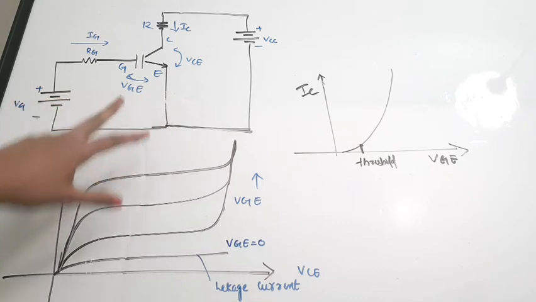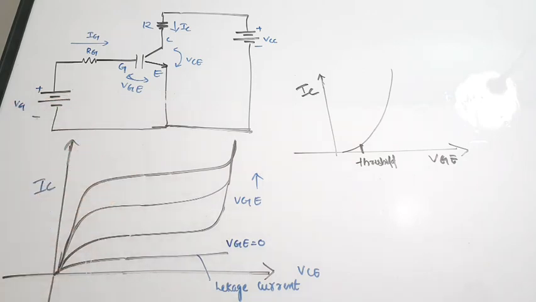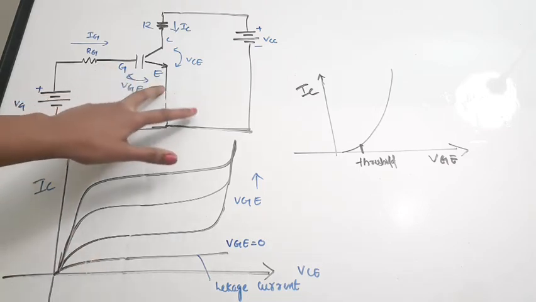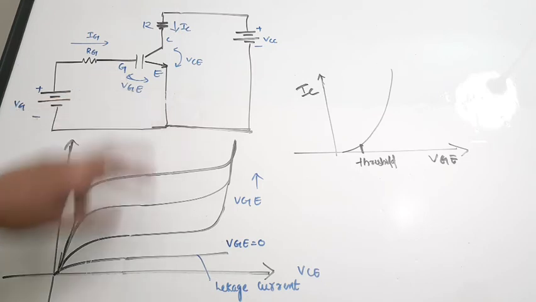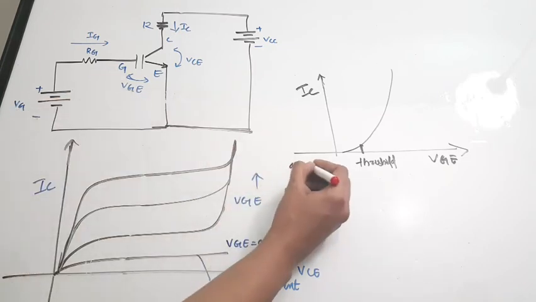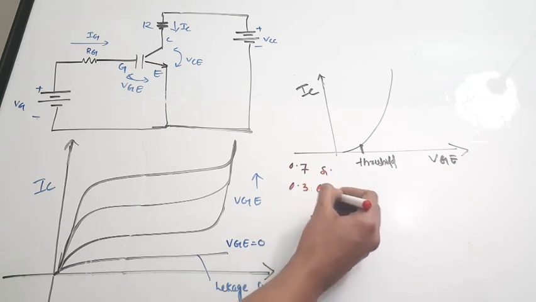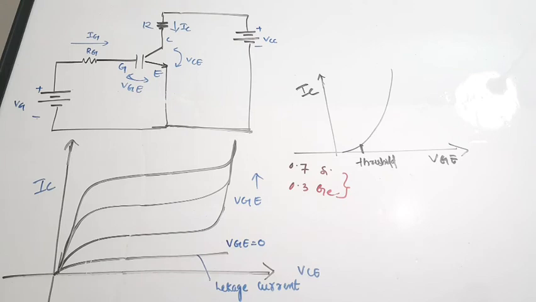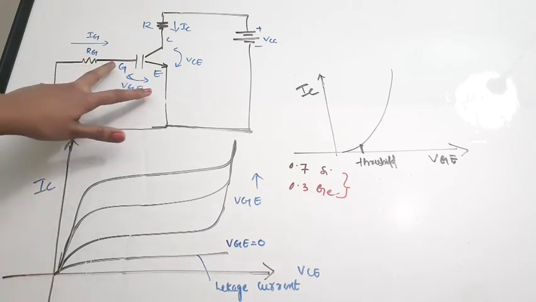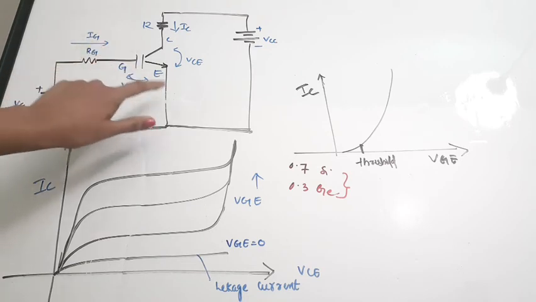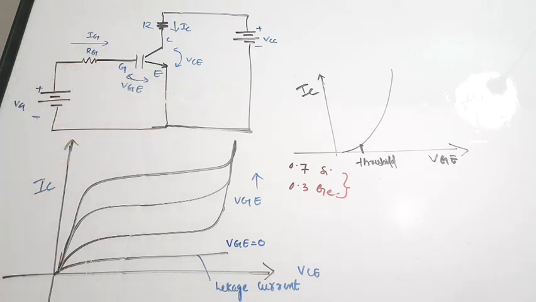In normal transistors also, for the transistor to turn on, you have to have a voltage drop in between the gate and emitter, which will be 0.7 for the case of silicon and 0.3 for the case of germanium, right? This is nothing but the threshold voltage. Here also the voltage in between the gate and the emitter terminal should be greater than the threshold voltage for the device to turn on.